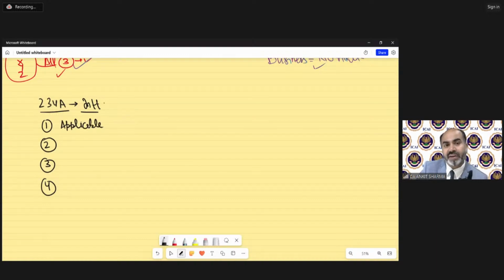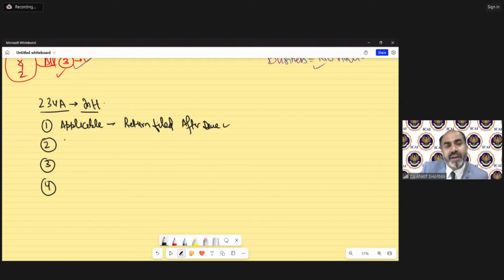Section 234A interest will be charged if the return is filed after the due date. So if we do not file our return up to the due date, that is the applicability part.